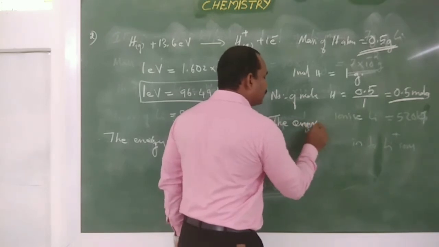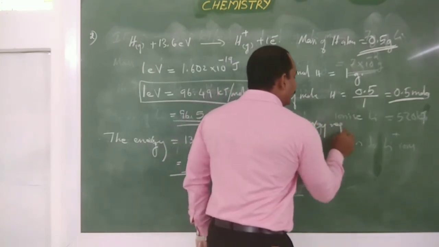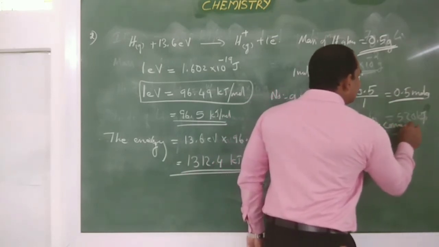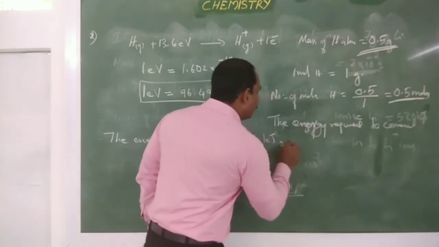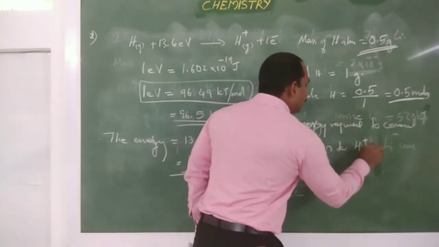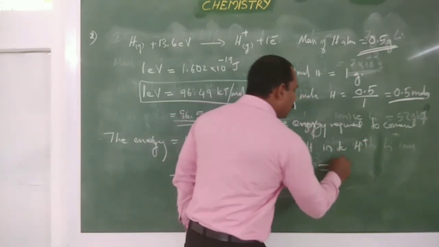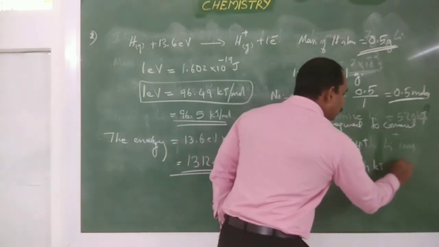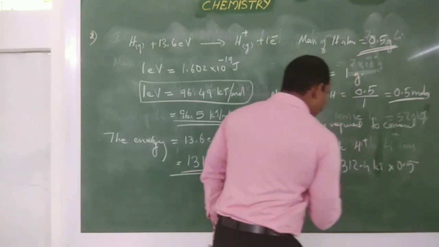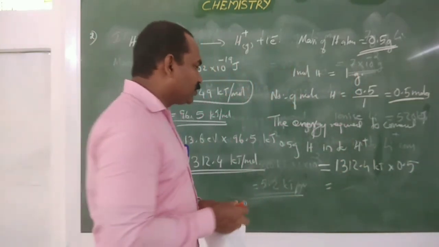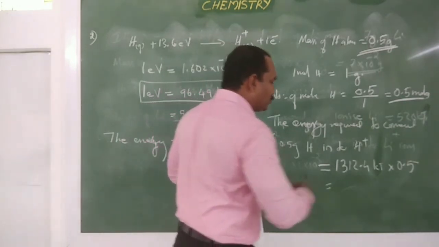Write it completely. The energy required to convert 0.5 gram hydrogen into hydrogen ion is equal to 1312.4 kilojoule into 0.5. What is 0.5? Half, 1/2. So the answer is divided by 2.